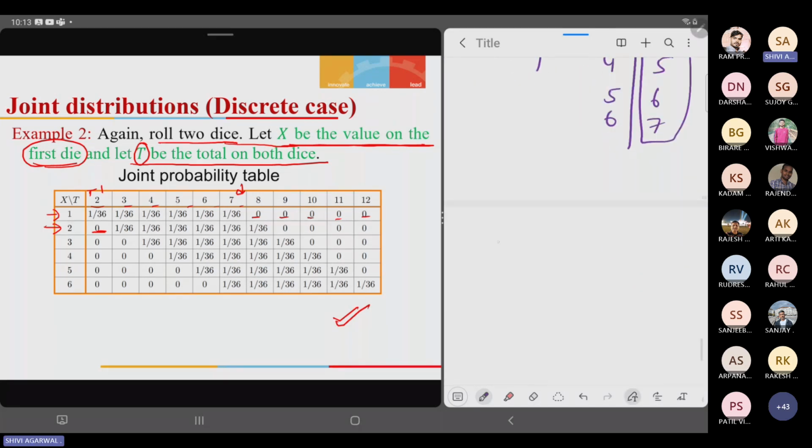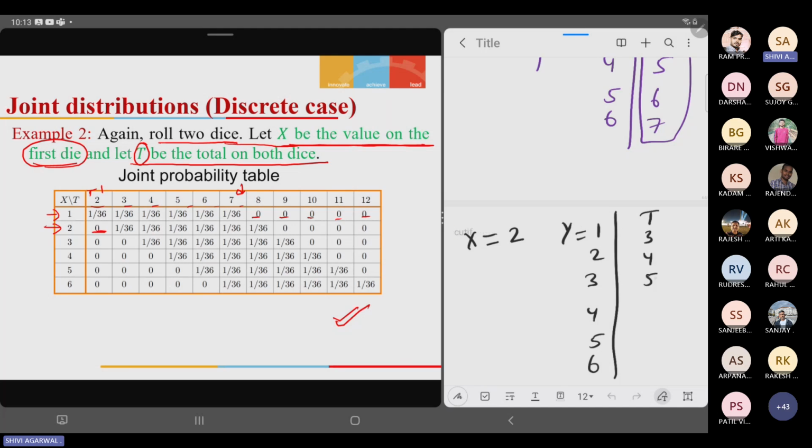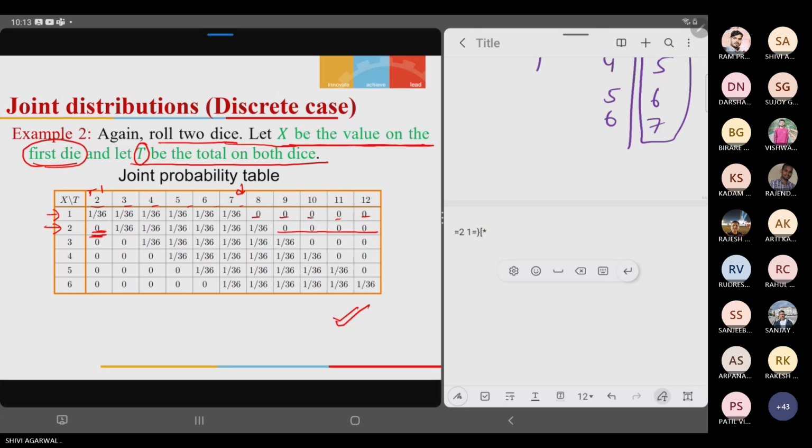Similarly, when x is equal to 2, y is equal to 1, 2, 3, 4, 5, 6. So what is the value of t? It will become 3, 4, 5, 6, 7, 8. Yes, correct. You can see it is shifted. Then x is equal to 3, it is 0, 0 and it is shifted.